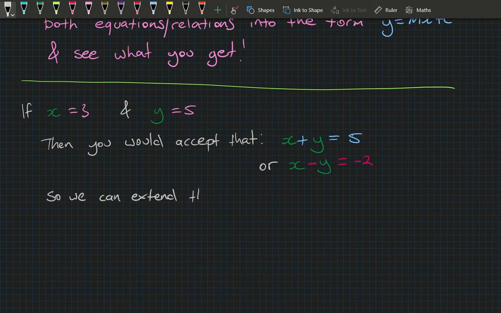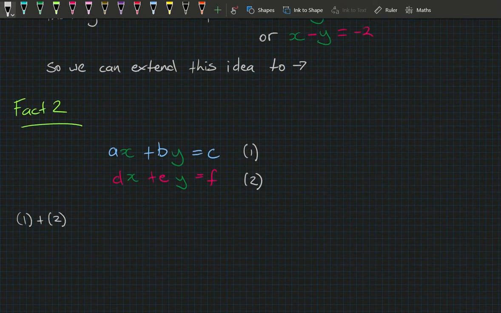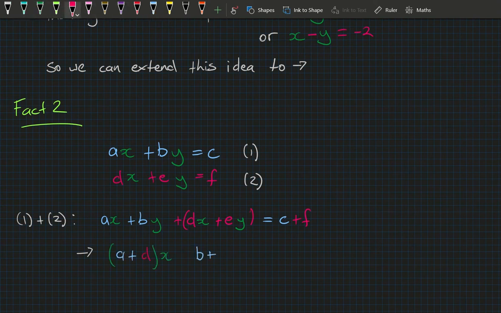So we can extend this idea to fact 2, which is saying if I have an equation ax plus by equal to c, which I'll name equation 1, and another equation dx plus ey equals f, which we'll name equation 2, then adding equation 1 and 2 together would give us ax plus by plus dx plus ey is equal to c plus f, which when I collect like terms becomes (a plus d) times x and (b plus e) times y equal to c plus f.